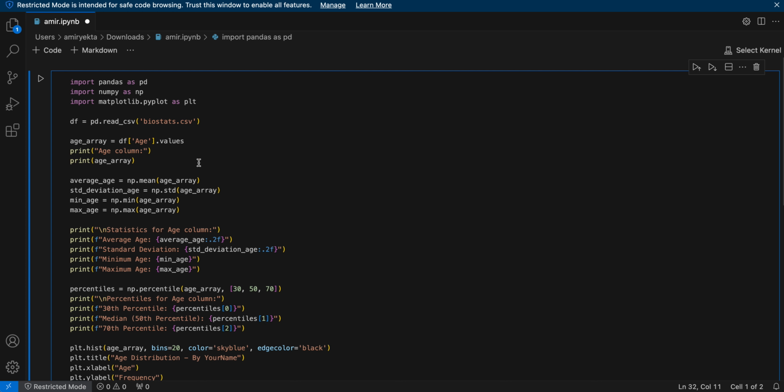Okay, so as we can see here, the library imports. Much like a chef handpicking ingredients for a gourmet dish, we begin by selecting our essential libraries, because libraries are the most important thing.